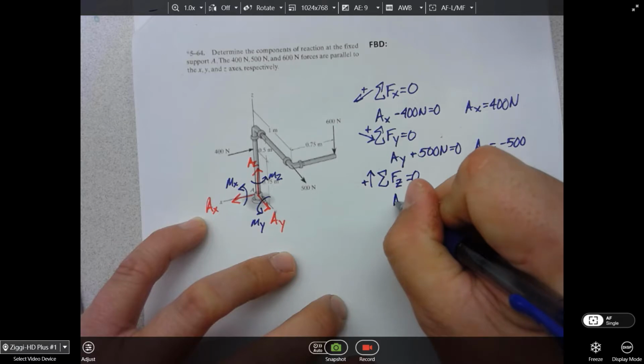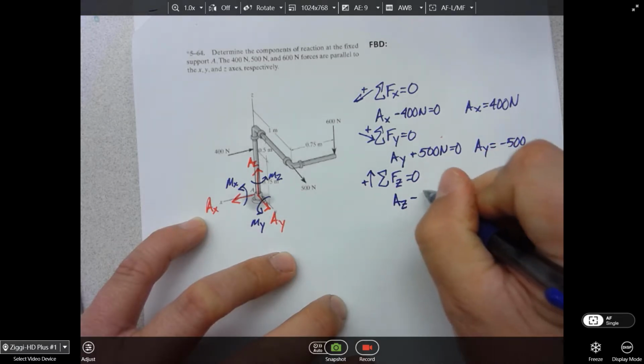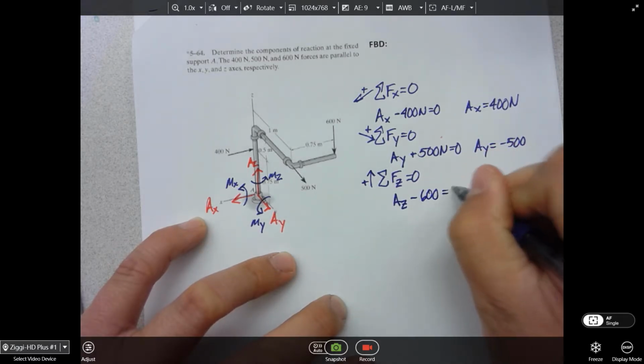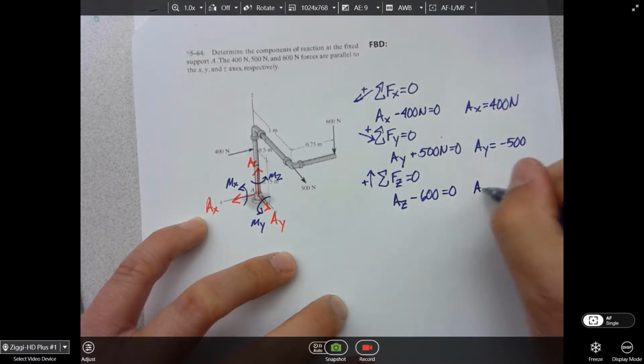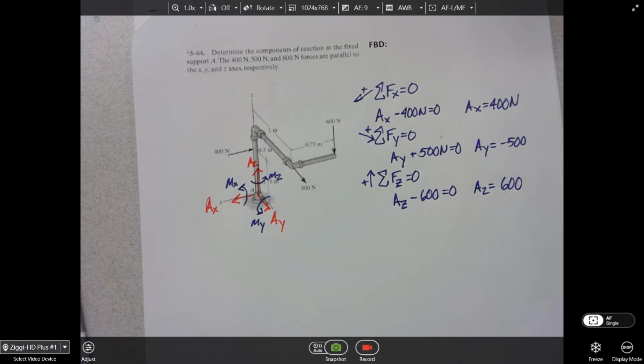Looks like I'll have AZ minus 600 equals 0. So it looks like AZ is 600. Everybody okay with that? All right.